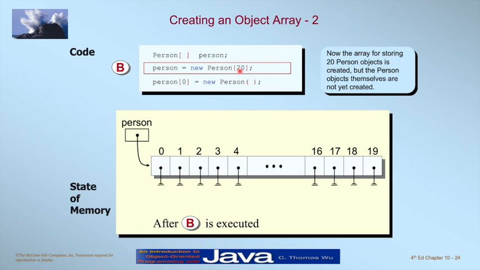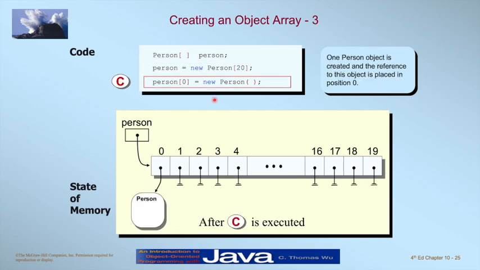But the person objects themselves are not yet created. We are just creating the array first. We have the array here from index 0 to index 19, but there is still no information in here. It is still empty.